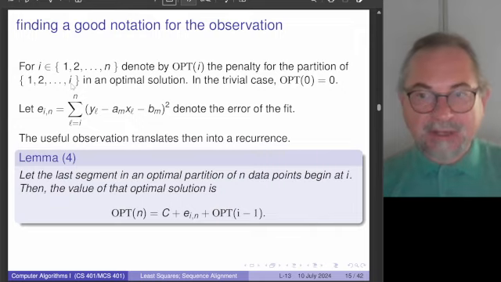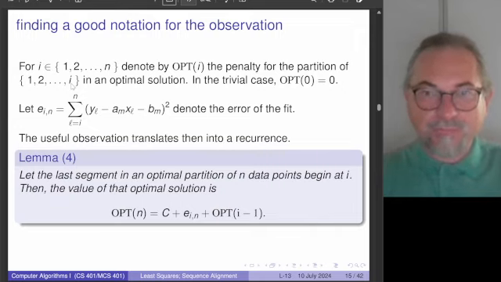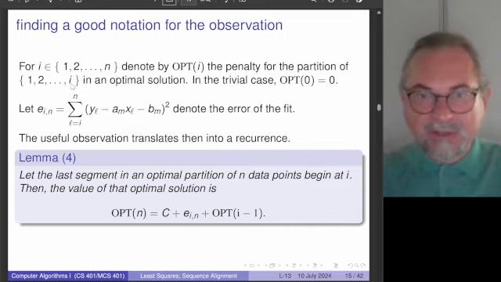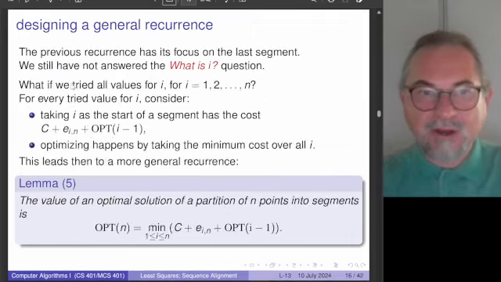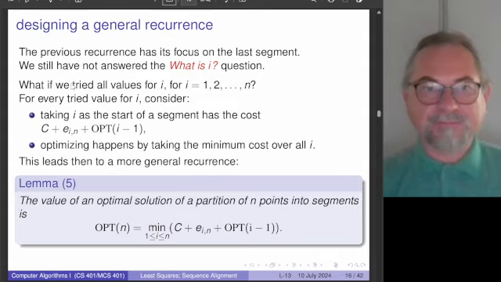So this lemma, if you want a formal proof, you would go back to the previous slide. But in some sense, this lemma is summarizing the notation and deriving a recurrence.